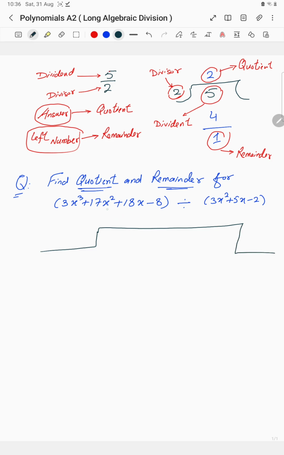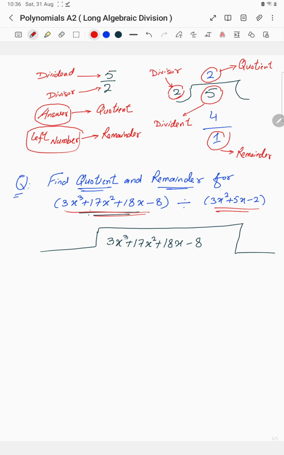We will write the dividend, first the numerator term, inside the division: 3x cube plus 17x square plus 18x minus 8. The thing you need to be careful about while starting this division is that you must write the dividend and divisor in descending order.